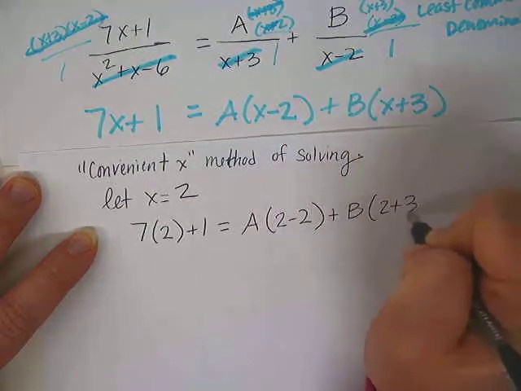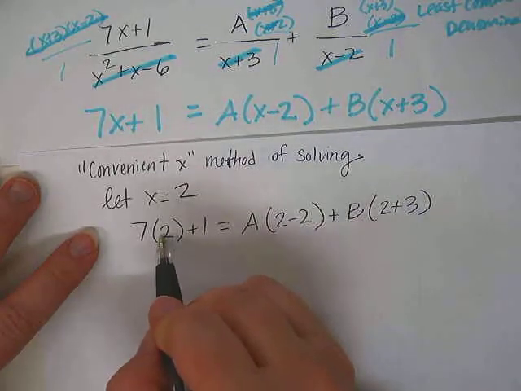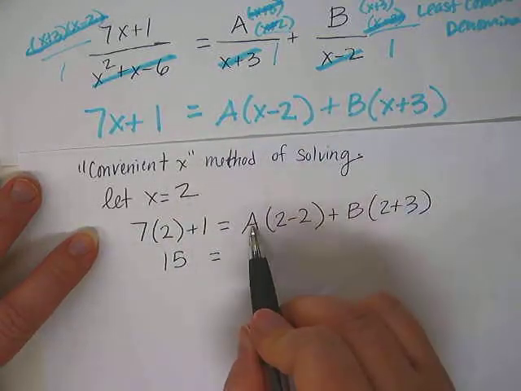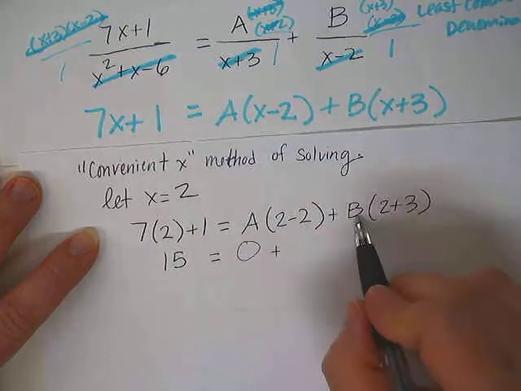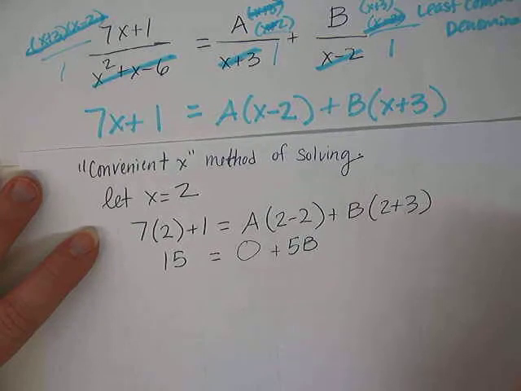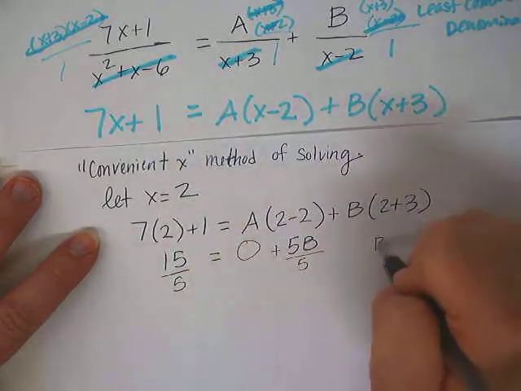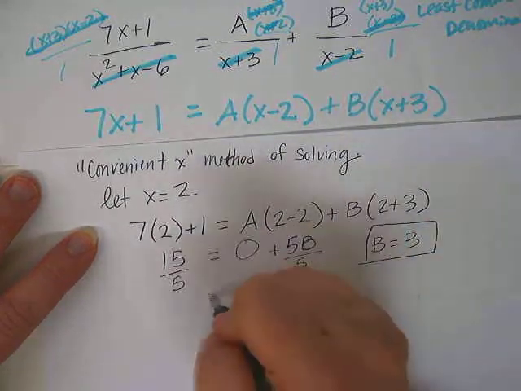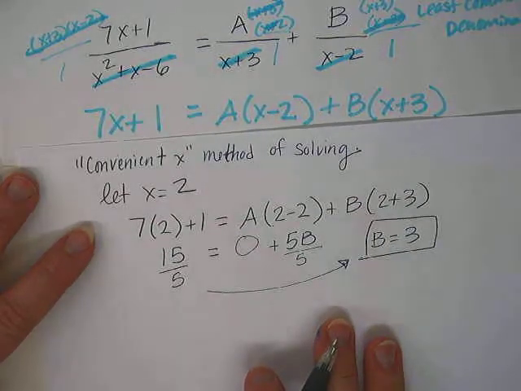So 7 times 2 plus 1 equals A times 2 minus 2 plus B times 2 plus 3. And then you simplify. So 7 times 2 is 14 plus 1 is 15. A times 0 is 0. And B times 5 is 5B. Now we simply solve for B. How do we do it? Divide by 5. So B equals 3.